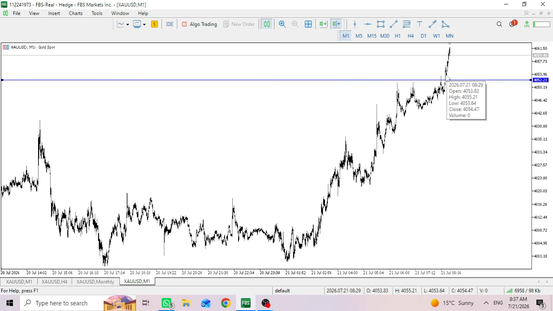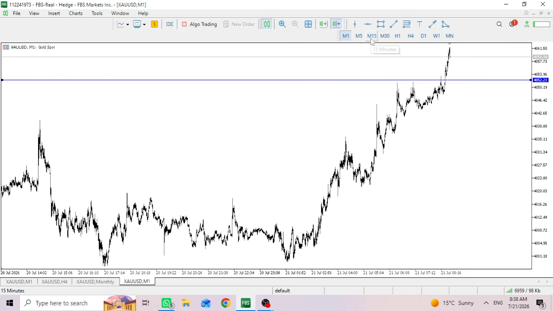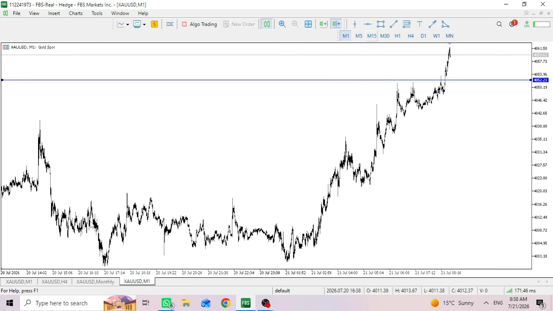So when it broke your level, I was supposed to take a buy immediately. I don't know if there will be any stupid retracement anytime soon.